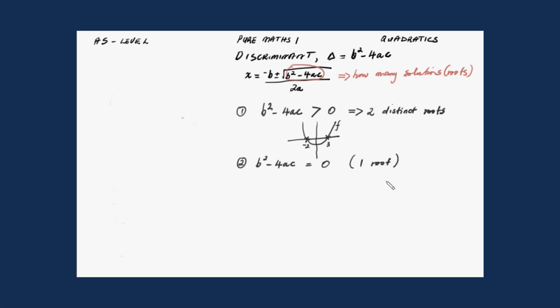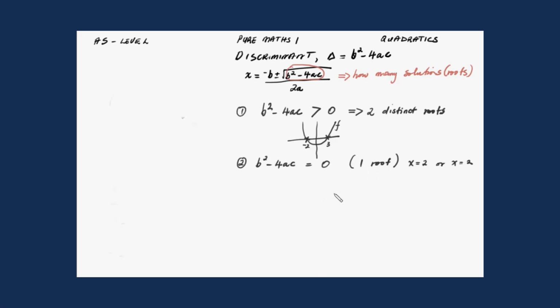This means we have two values of x which are similar. Let's say you have x is equal to 2 and x is equal to 2. In as much as it's quadratic, you seem to have found two values of x, but this is one value. 2 here, 2 there, it's one value, one solution. So it's one root.